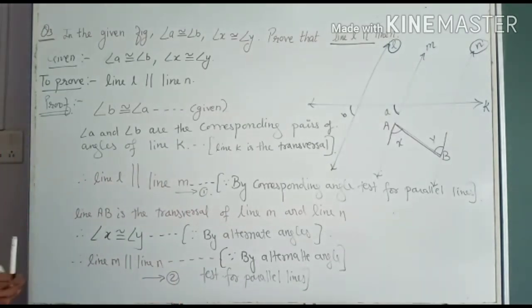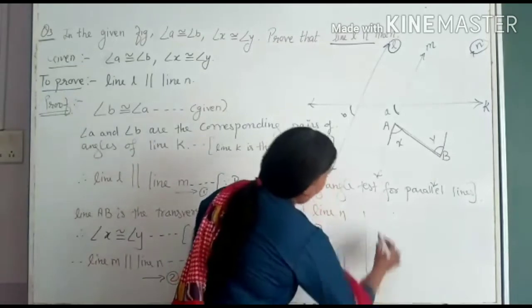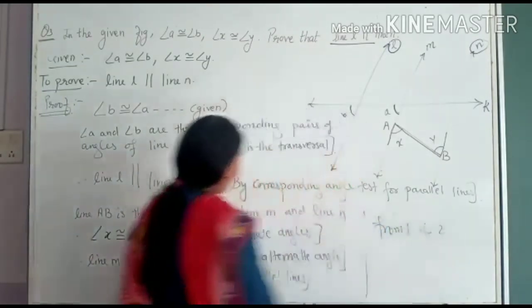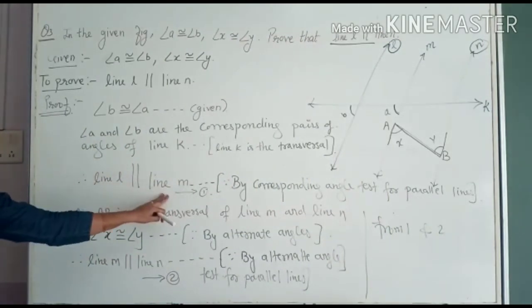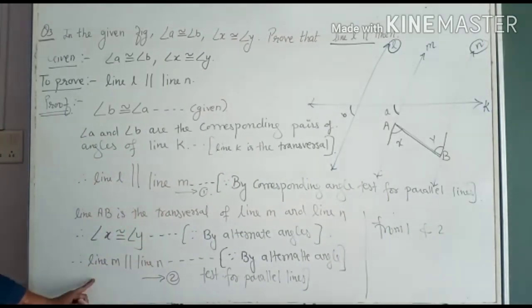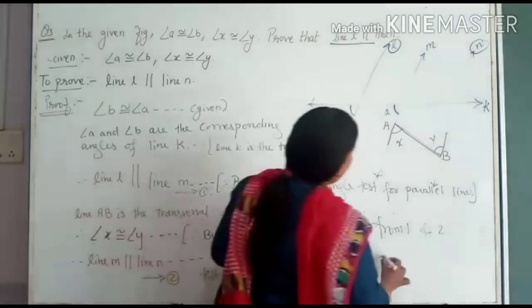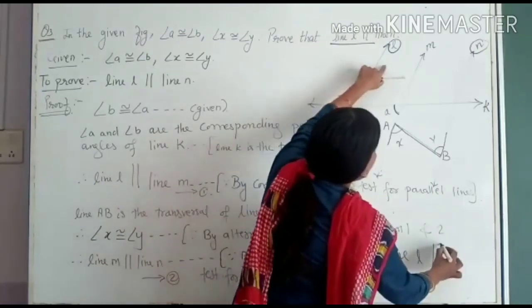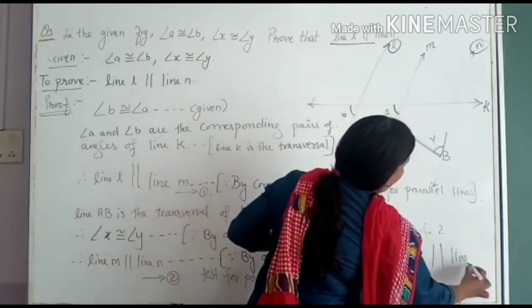Now from 1 and 2, what are we getting? From 1 and 2, line L is parallel to line M. Line M is parallel to line N. By the property of transitivity, line M and line N will relate to each other. So from 1 and 2, line L is parallel to line M.